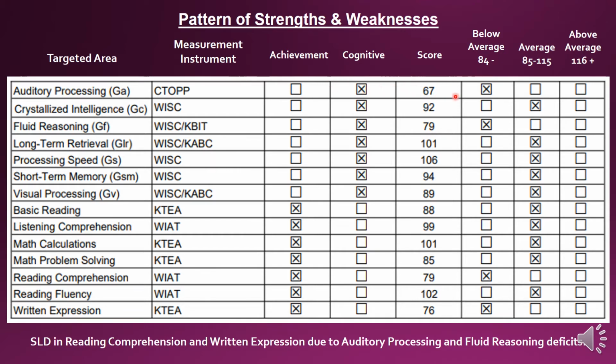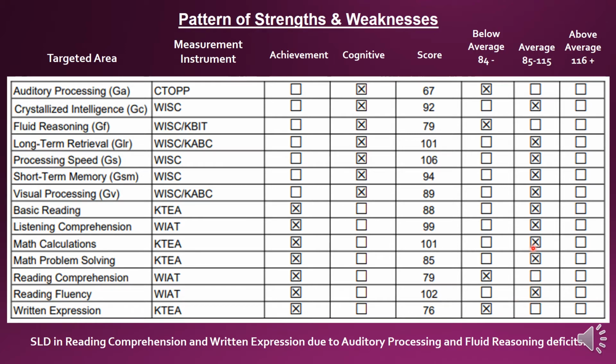We had all strengths cognitively, and then two weaknesses in auditory processing and fluid reasoning, which explained why the student was having difficulty in the achievement areas of reading comprehension and written expression.